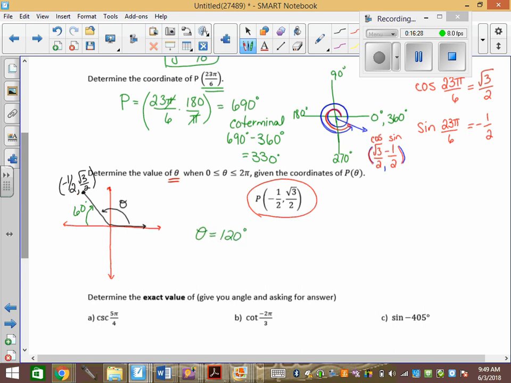Which is great, 120. However, it asked for it in radians, so I can't actually give that answer. I can't stop there. My answer is actually going to be 2 pi over 3. And I box that with the theta.